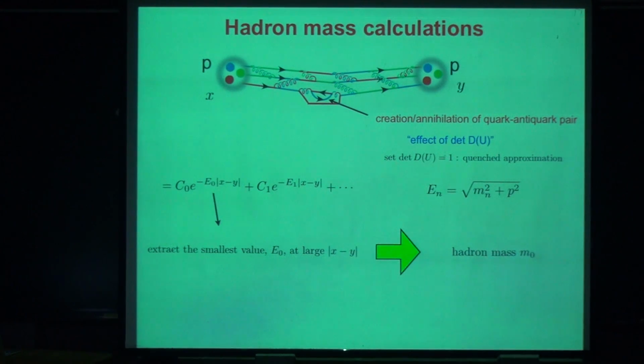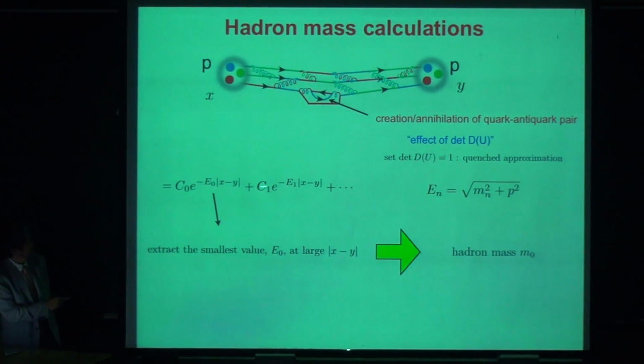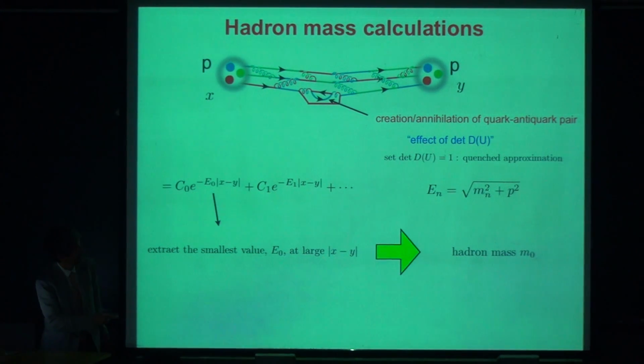Each exponential factor is related to the particle mass, Mn, and momentum P through the so-called dispersion relation. If the separation x minus y is very large, the smallest value of E0 dominates this quantity.